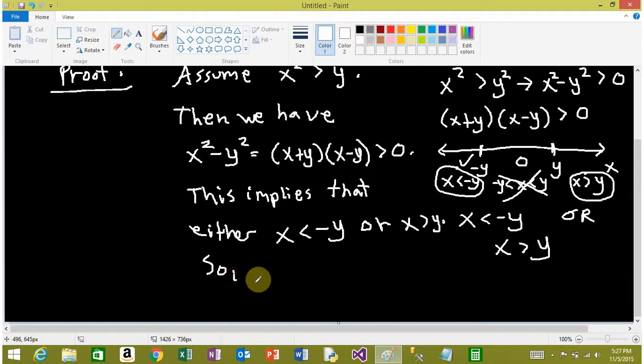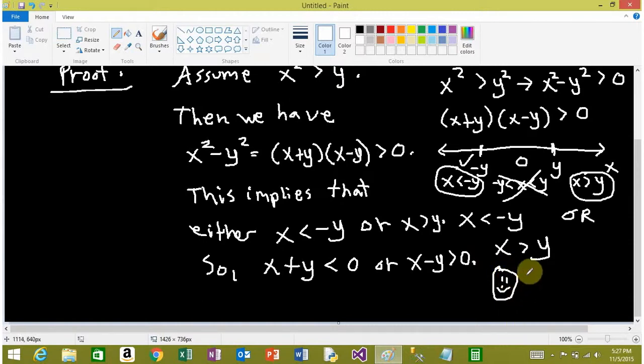If we add y to both sides in the first inequality, we get x plus y is less than 0, or, subtracting y from both sides in the second inequality, we get x minus y is greater than 0. And then there is the proof. We can put a smiley face there. And we're done. Yay.